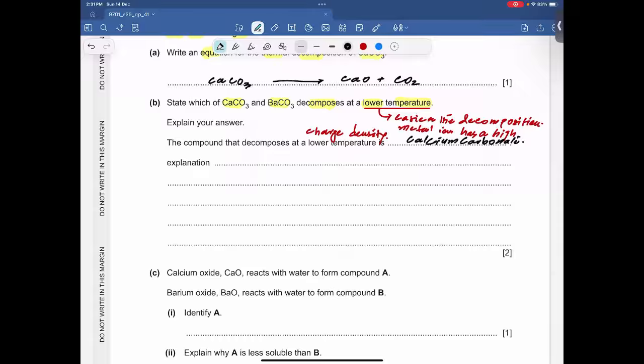And the examiner is looking for the explanation also. So let me tell you one thing, that calcium ion has a smaller ionic radius than barium ion.